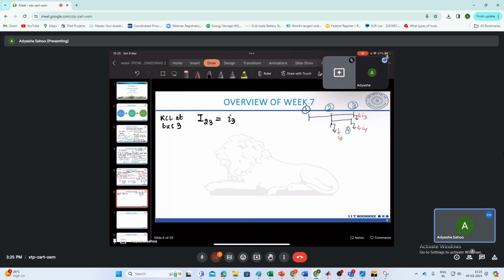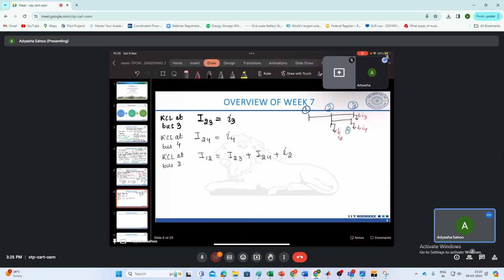So similarly, KCL at bus 4. So I24 is same as I4. And again, KCL at bus 2. So then here I12 is equal to I23 plus I24 plus this load current I2.